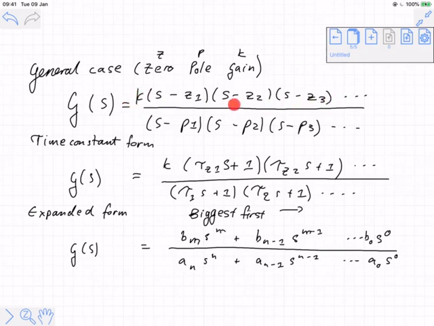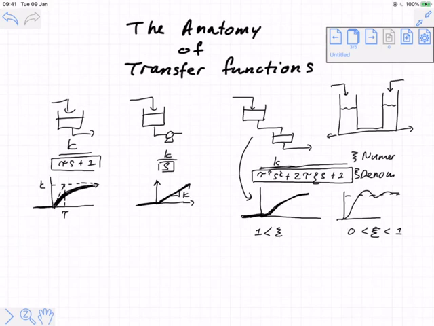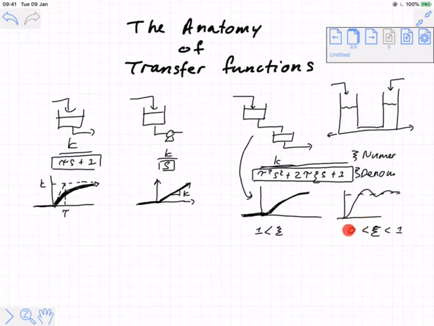In this form, we've factored out the numerator and denominator polynomials. And what's important to understand about this form is that it is not always going to be possible or reasonable to factor this form out with real numbers, as we saw over here.